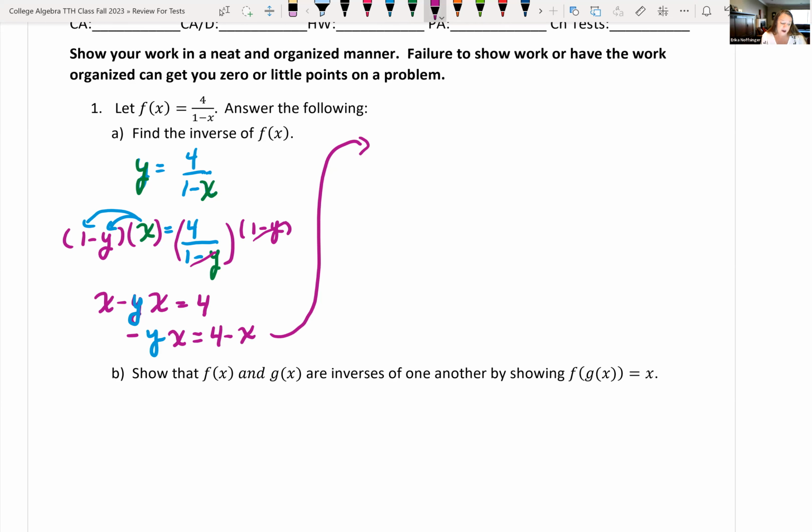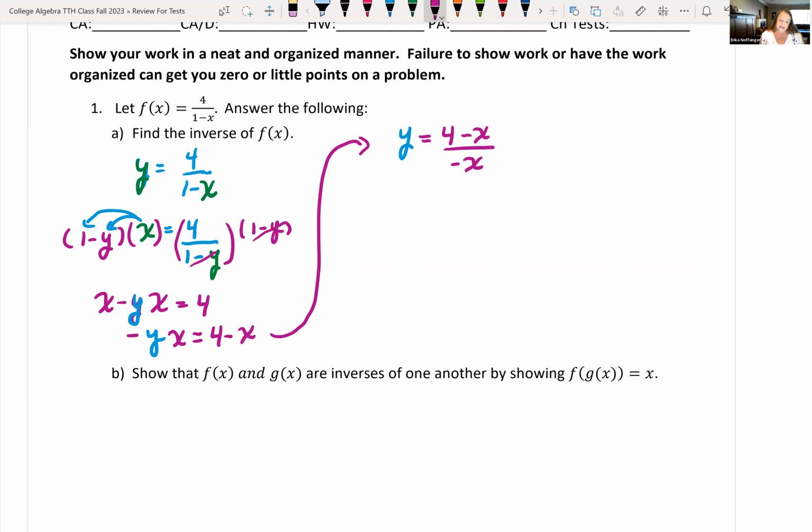So I notice we can get y by itself if we divide both sides by negative x. So doing so, we would get y is equal to 4 minus x all divided by negative x.